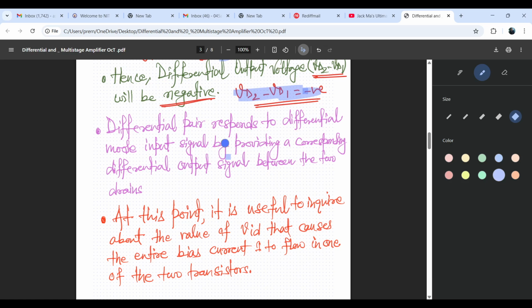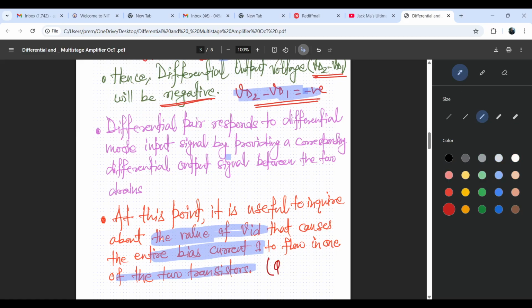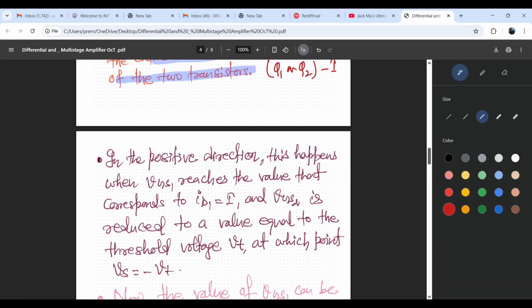At this point, it is useful to inquire about the value of VID that causes the entire bias current I to flow in one of the two transistors, either Q1 or Q2.